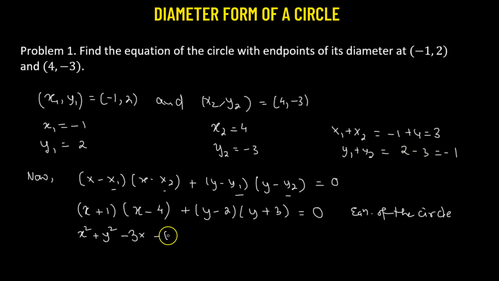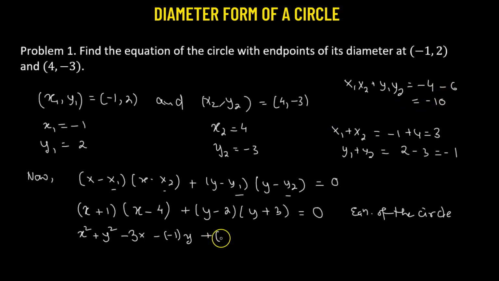So we have negative of negative 1 times y added to, then we need to find the product x1 times x2 and add it to the product y1 and y2. So x1 is negative 1 and x2 is 4, so we have negative 4 plus 2 times negative 3, that's negative 6. So negative 4, negative 6 gives us negative 10.